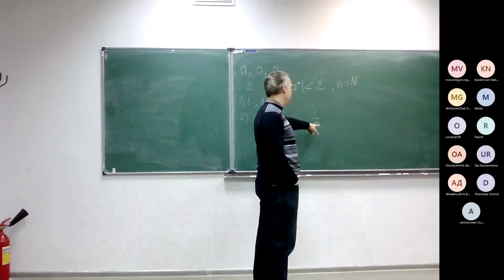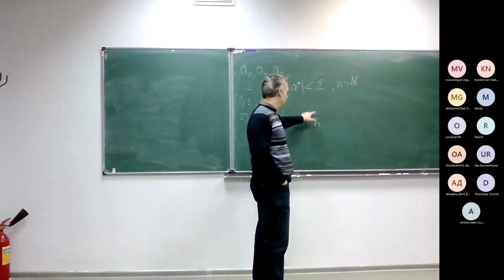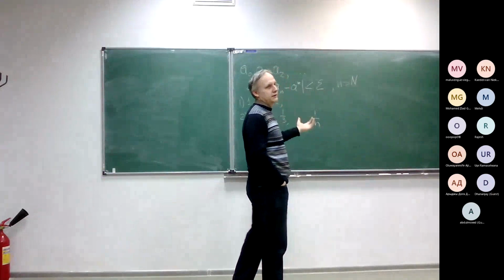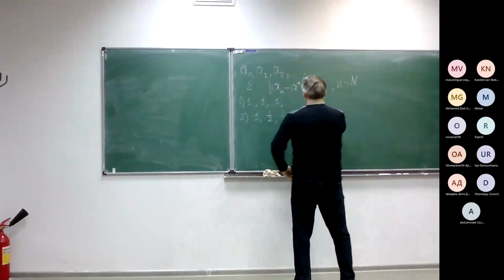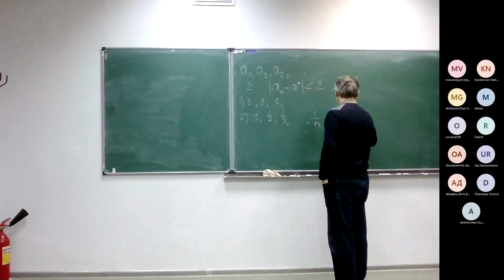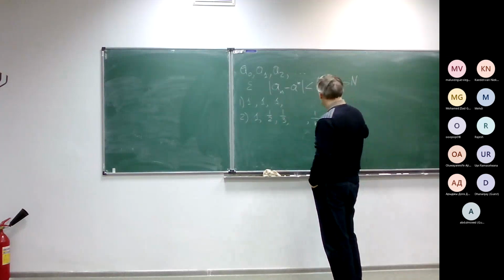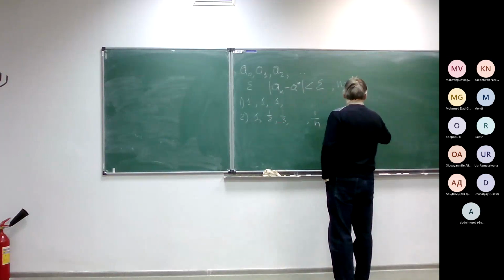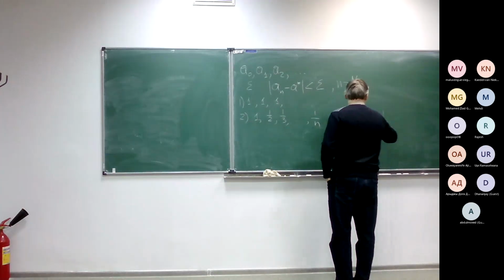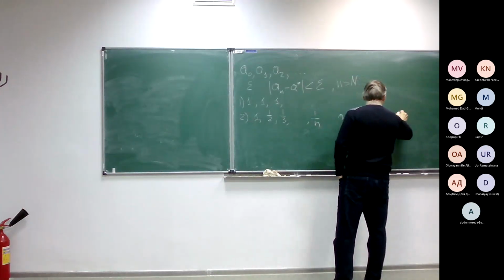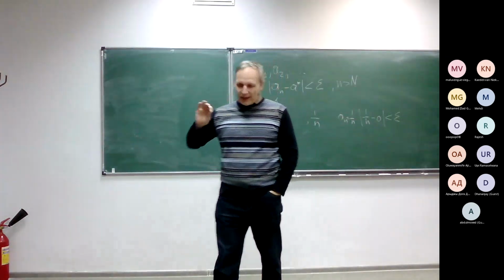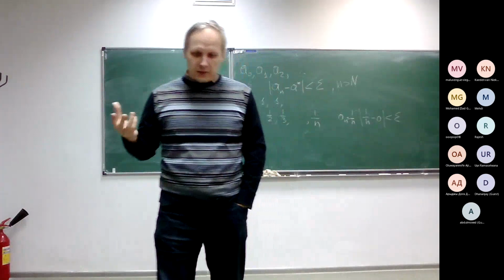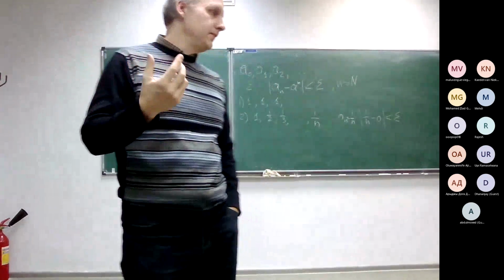When we take n very large, 1 over n becomes very small, and it means that the term a n equals 1 over n, and 1 over n minus 0 will be smaller than any given small number.